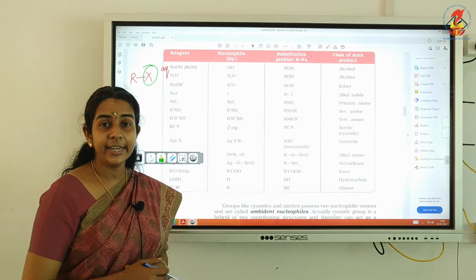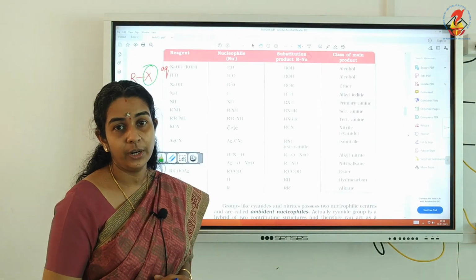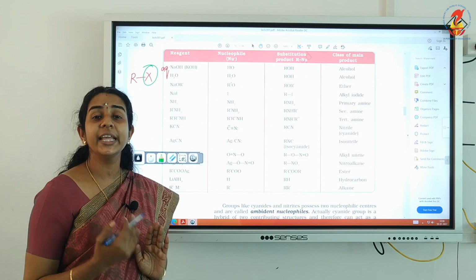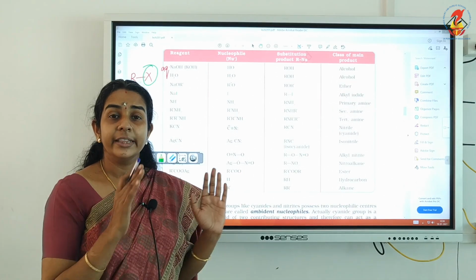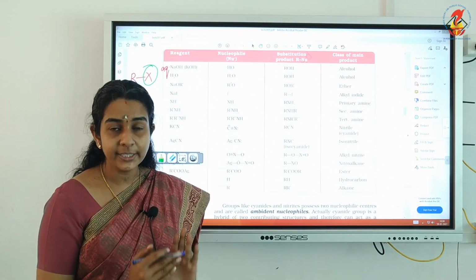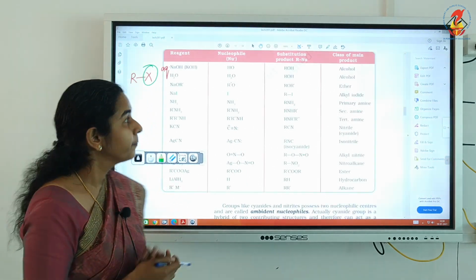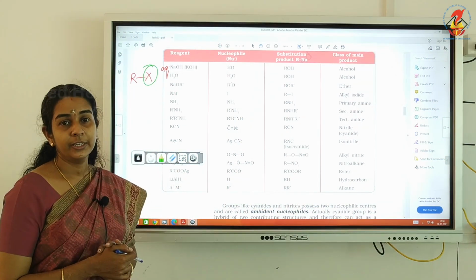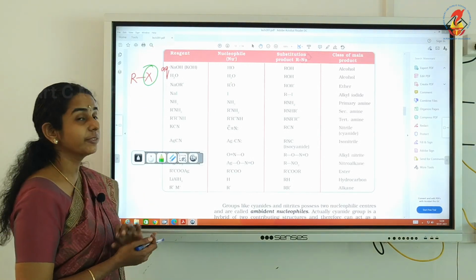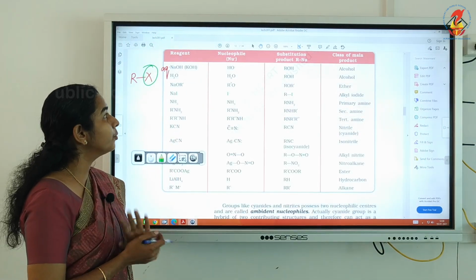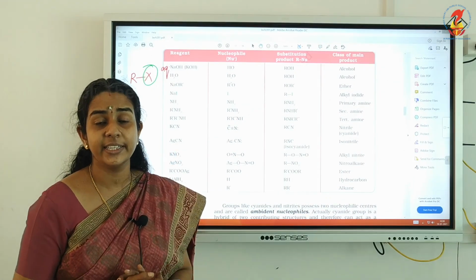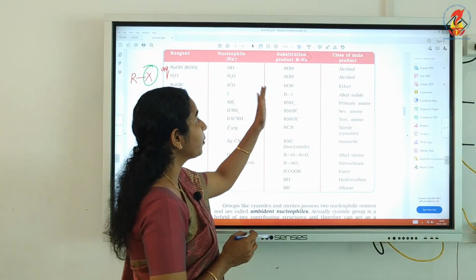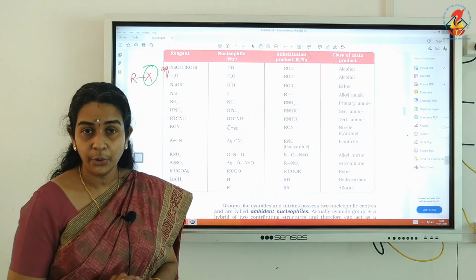And what is the product name? It is alcohol. So when RX reacts with NaOH or KOH, the nucleophile is OH minus and the product is alcohol. In the second example, the reagent is H2O. When alkyl halide reacts with water, water itself acts as the nucleophile and the product again will be an alcohol.